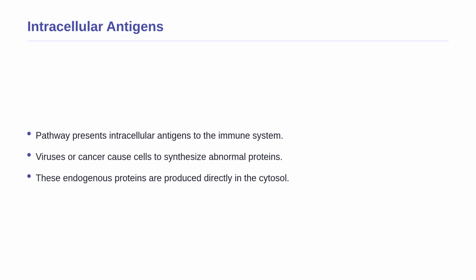Because these proteins are made inside the cell, we call them endogenous proteins. The immune system's antibodies cannot simply cross the cell membrane to see what is going on inside. Therefore, the cell must have a way to actively process these internal proteins and push them to the outside.